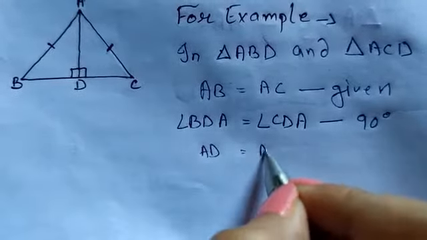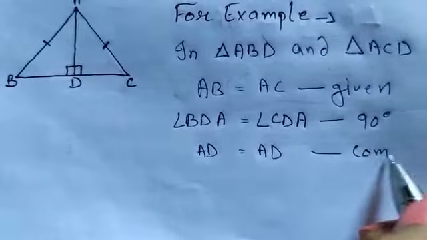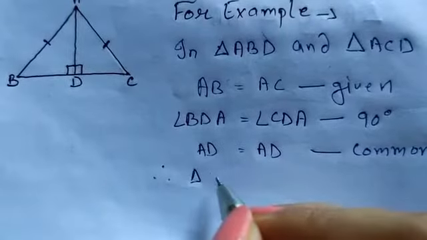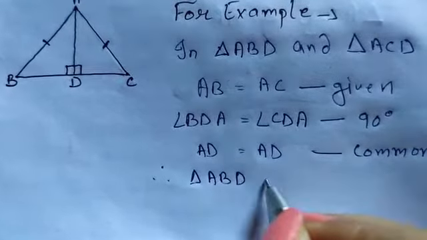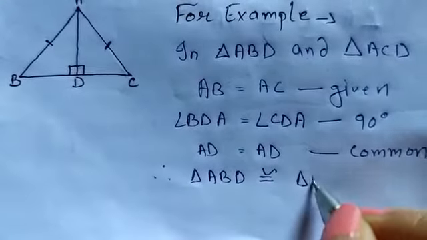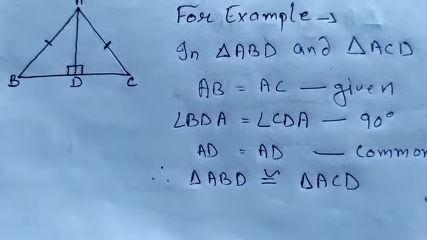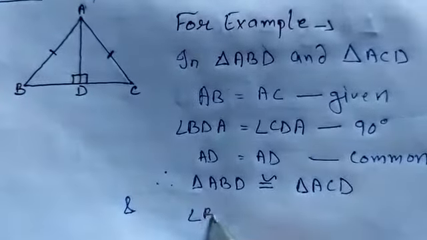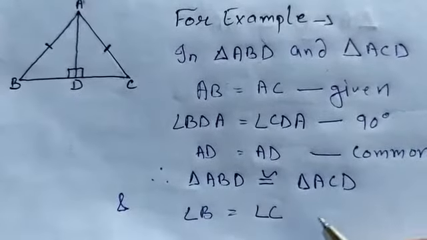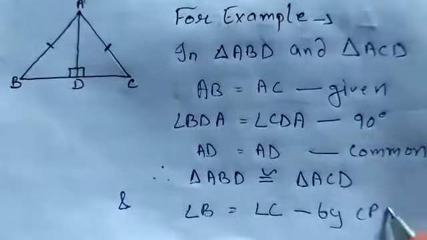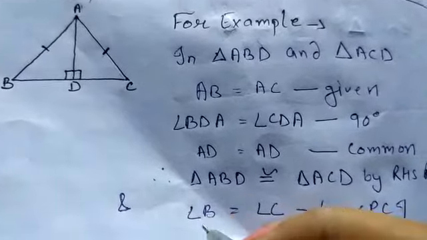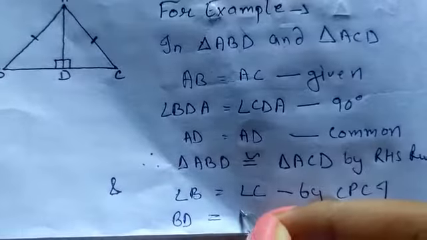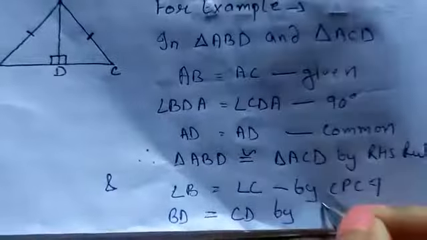AD is equal to AD, common. Therefore, triangle ABD is congruent to triangle ACD, and angle B is equal to angle C by CPCT, and also BD is equal to CD by CPCT.